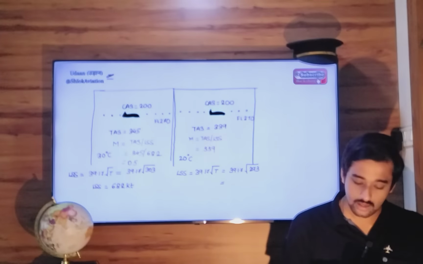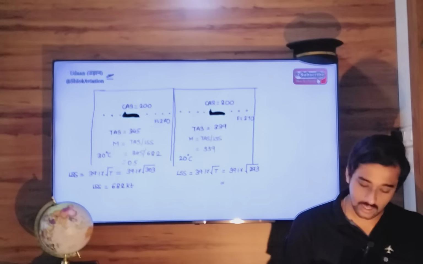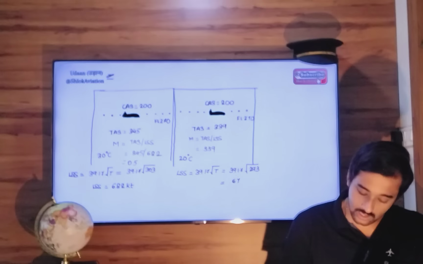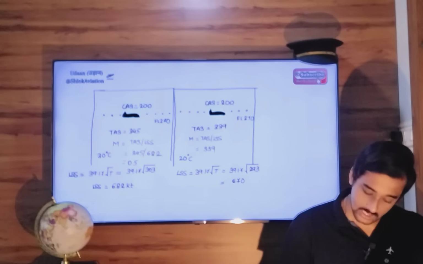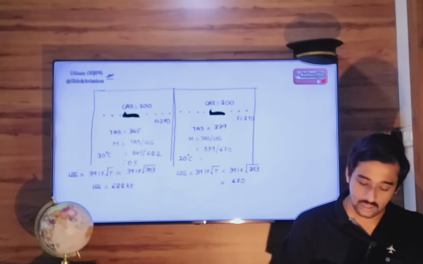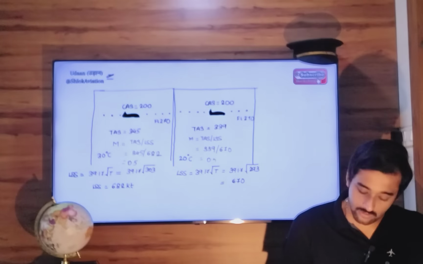So 39.17 into square root of 293, which is 670 knots. So 339 divided by 670 is again 0.5.